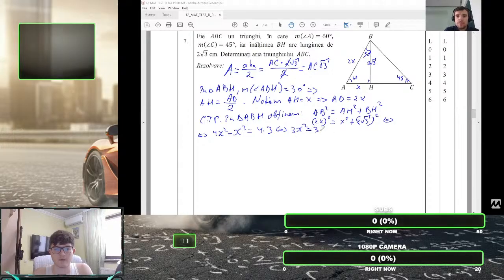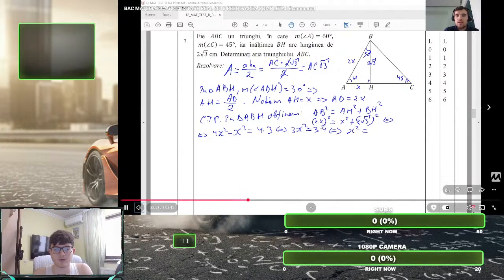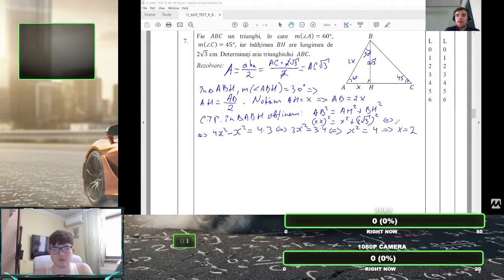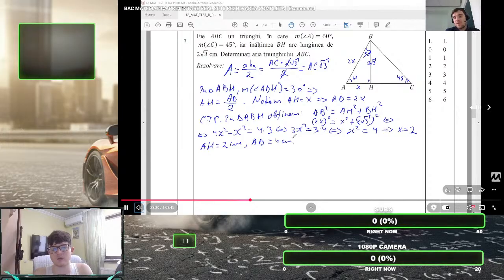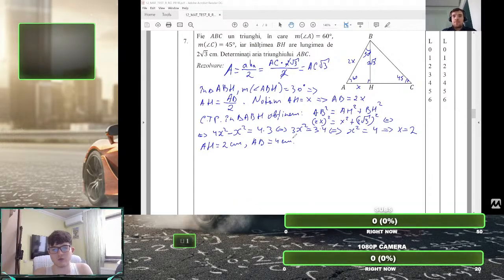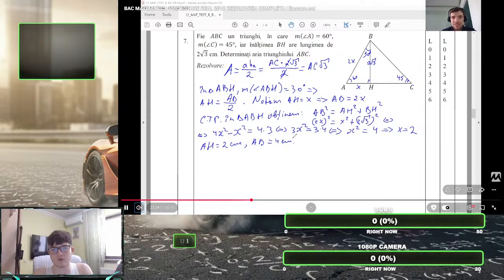So you have 3x squared equal to 12. X squared is going to be equal to 4, so x is 2. We know that x is 2, so we do know what AH is, and AB we know it's 4.